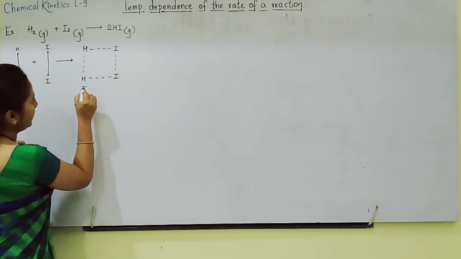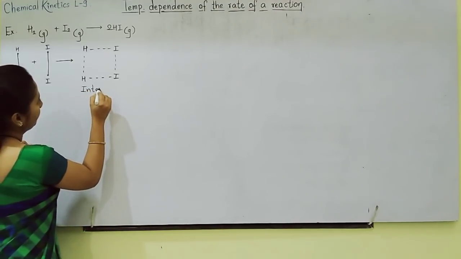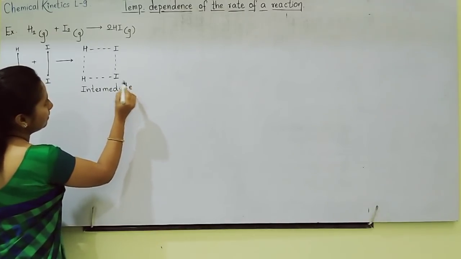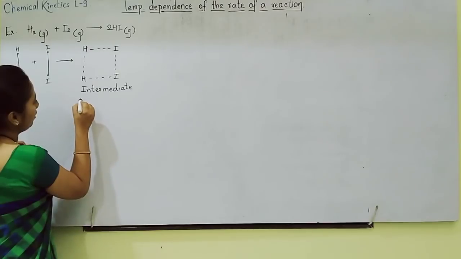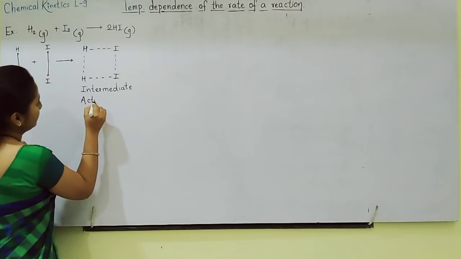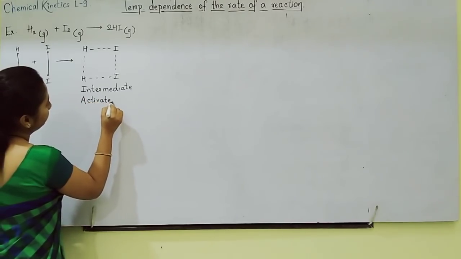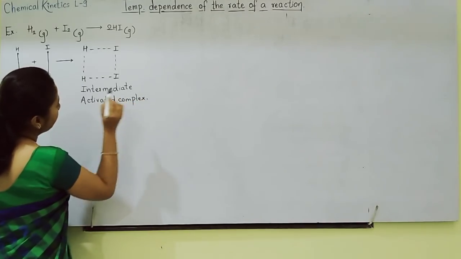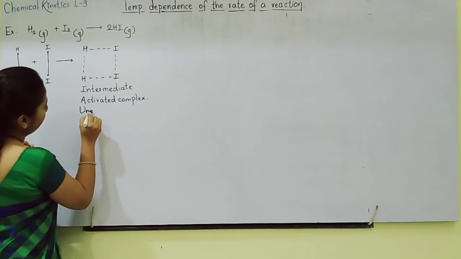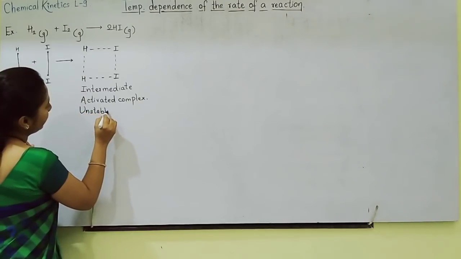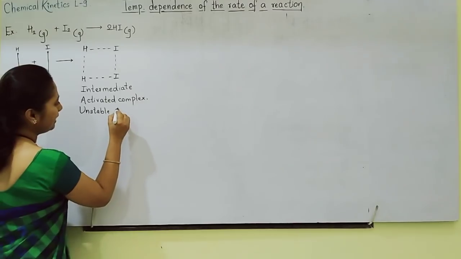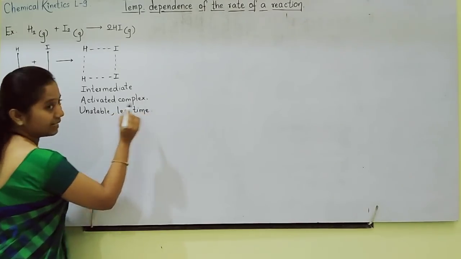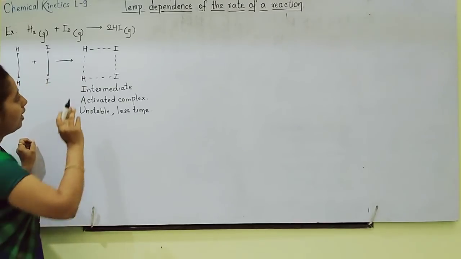This is one intermediate step. This intermediate, whatever is formed, is called the activated complex. This activated complex is unstable and it remains for very little time.